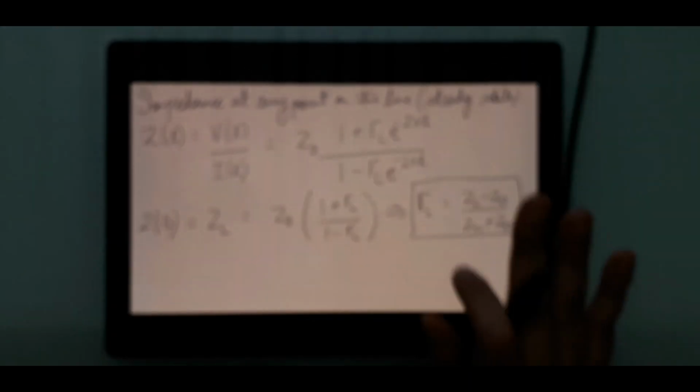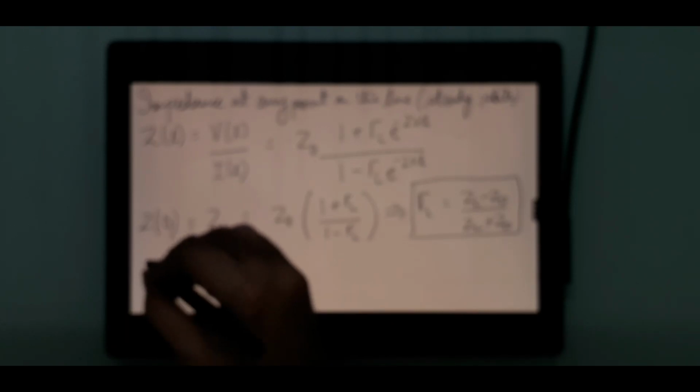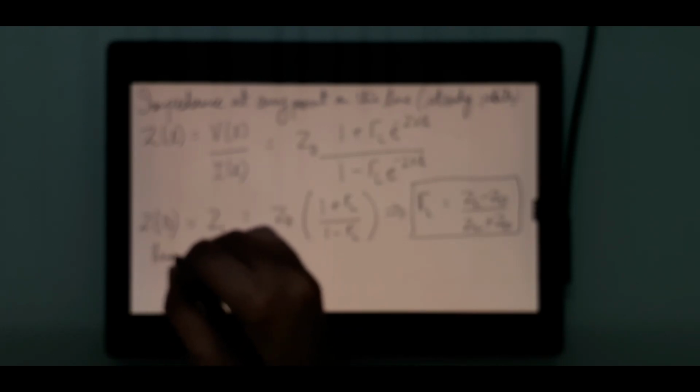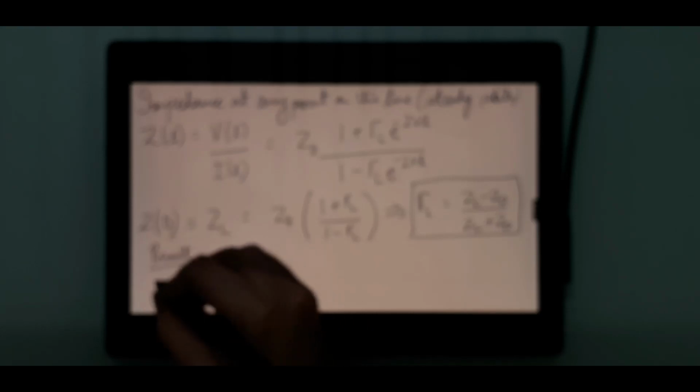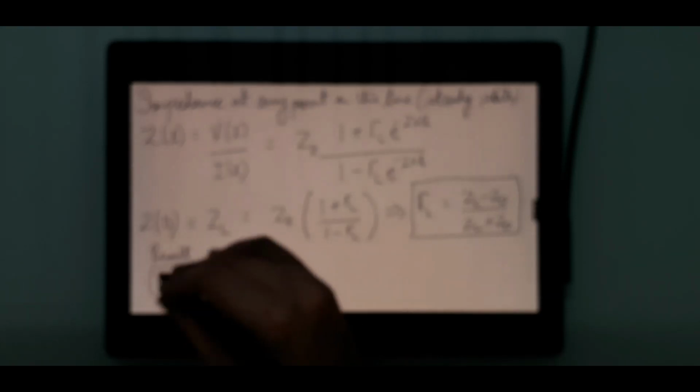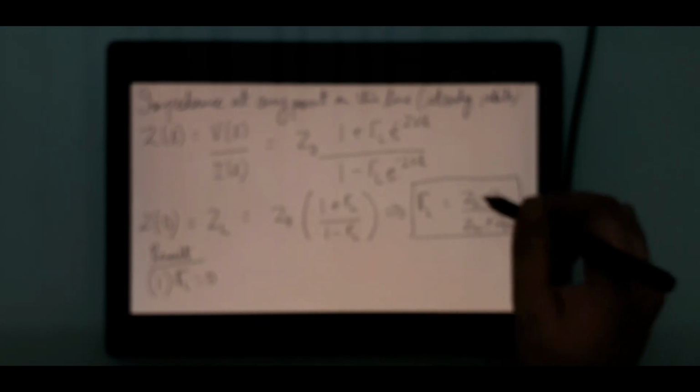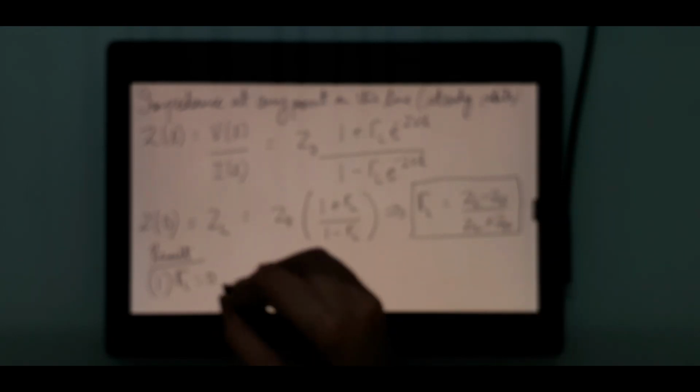So ideally, this reflection coefficient should be 0. So we can say the first result is that gamma L will be 0 when ZL is equal to Z0.